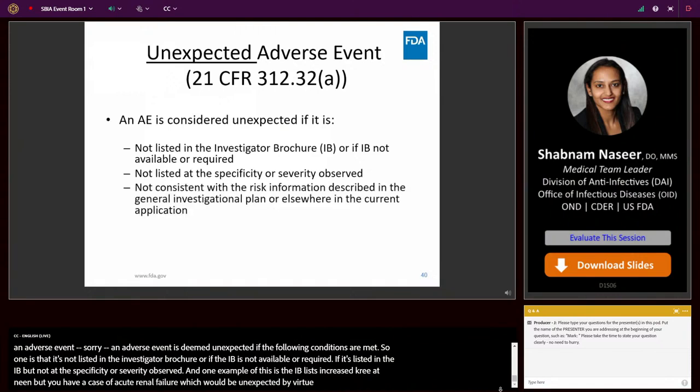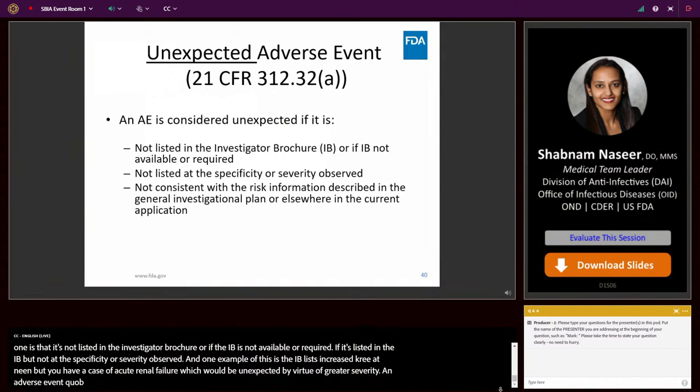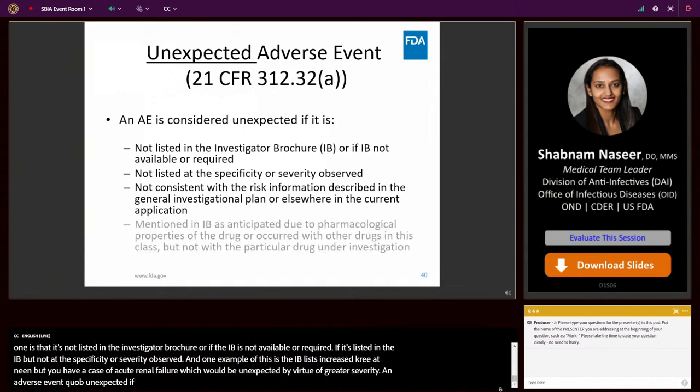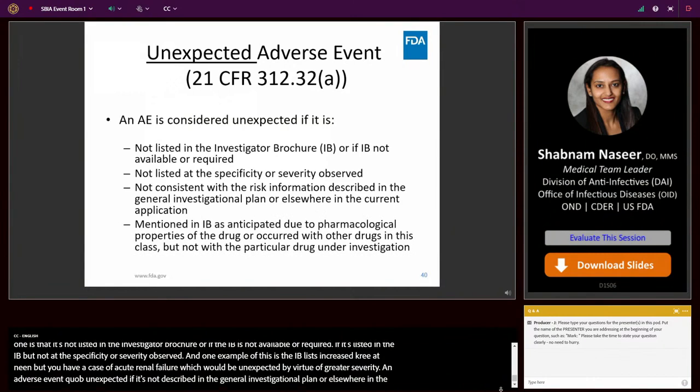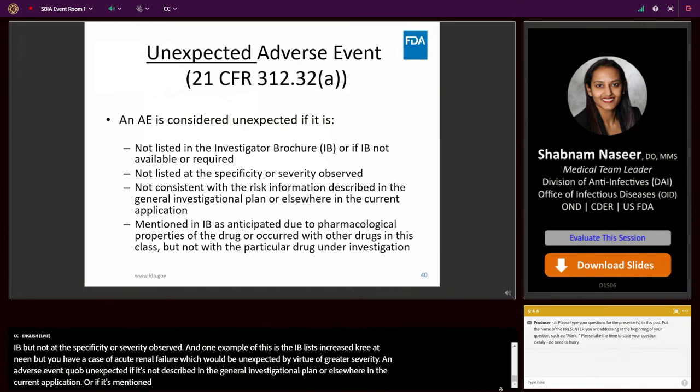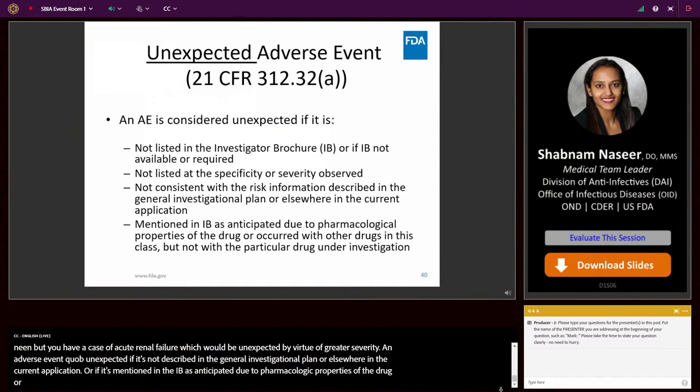Also, an adverse event would be unexpected if it's not consistent with the risk information described in the general investigational plan or elsewhere in the current application, or if it's mentioned in the IB as anticipated due to pharmacologic properties of the drug, or if it occurred with other drugs in the class, but not with the particular drug under investigation.